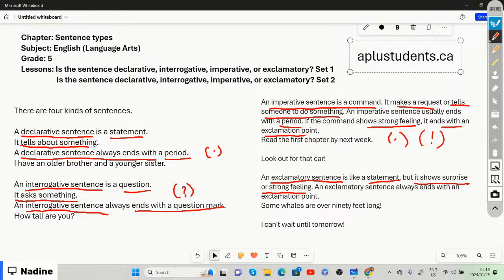So we said an exclamatory sentence is like a statement, and it shows surprise or strong feelings. And an exclamatory sentence always ends with an exclamation point.